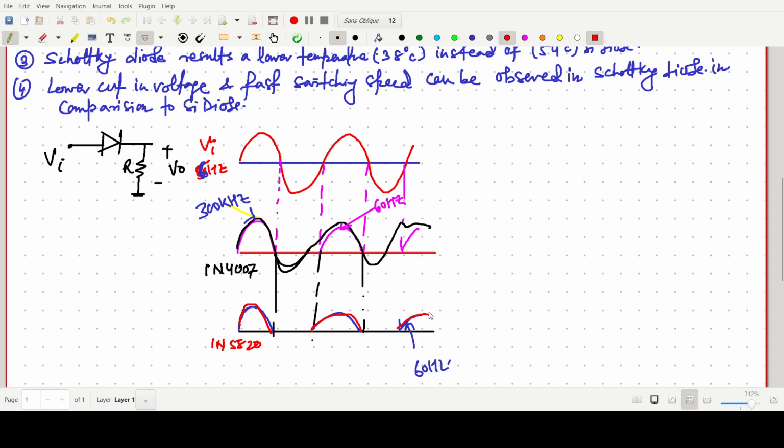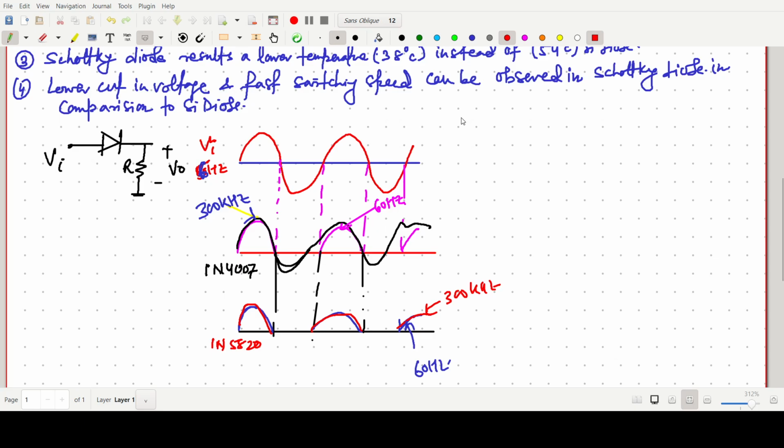If we go to a higher frequency like 300 kilohertz, the red one, it will not give a very accurate result. So the operation will be very ideal in the case of the Schottky diode, and the silicon diode at higher frequency will give some unwanted response.